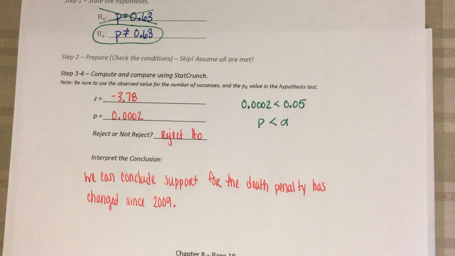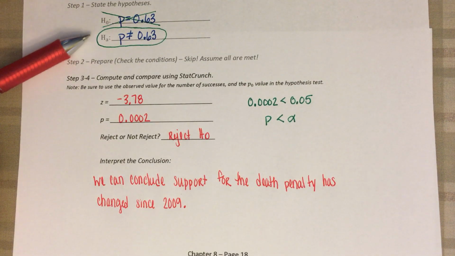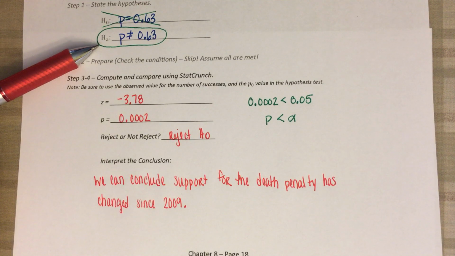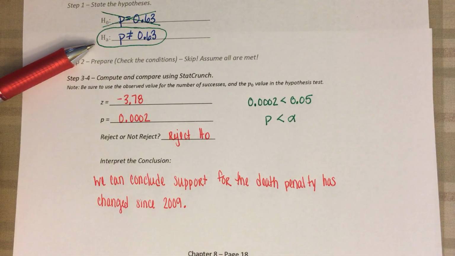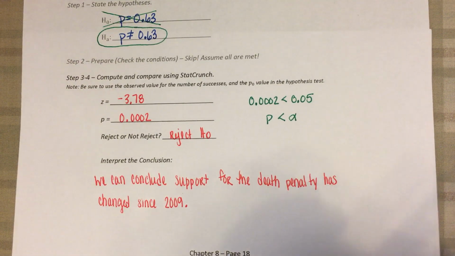We rejected our null hypothesis, which means that we're going to conclude that our alternative hypothesis should be the one that is most likely true. So we can conclude that support for the death penalty has changed since 2009.